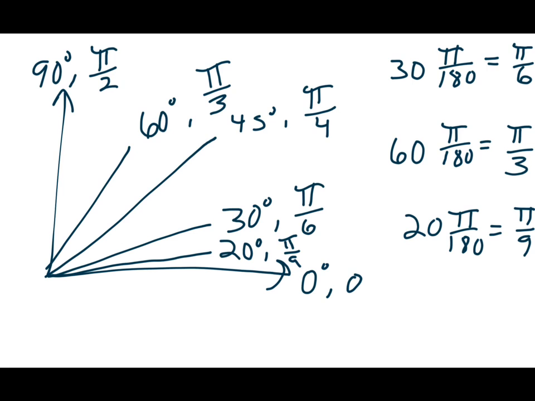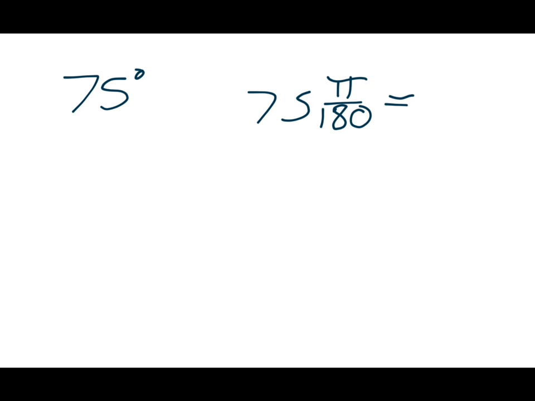Okay, so on and so forth. Looking at some weirder angles, say let's find 75 degrees in radians. That's 75 times pi over 180, which simplifies to 5 pi over 12.